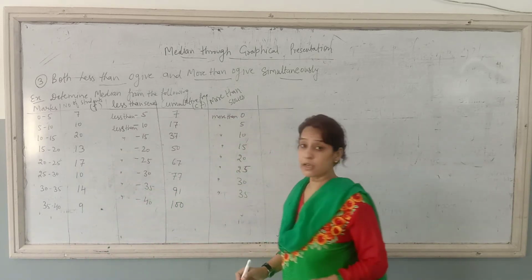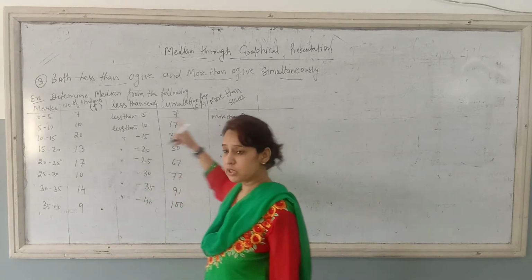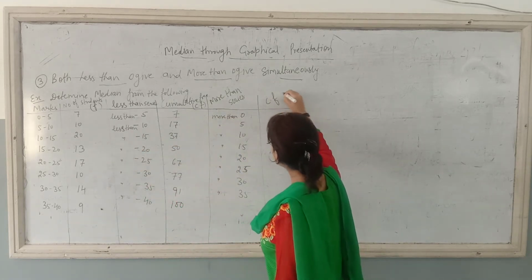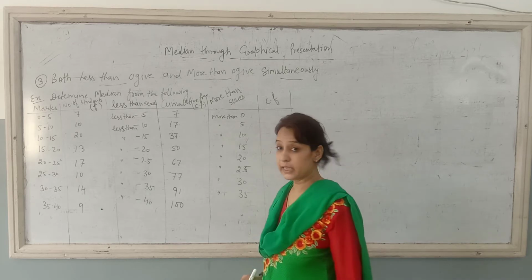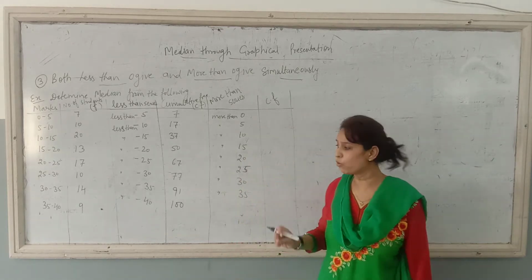Now next step, what is that? You have to convert f into CF, cumulative frequency. There is a different way to convert f into CF in the more than series.